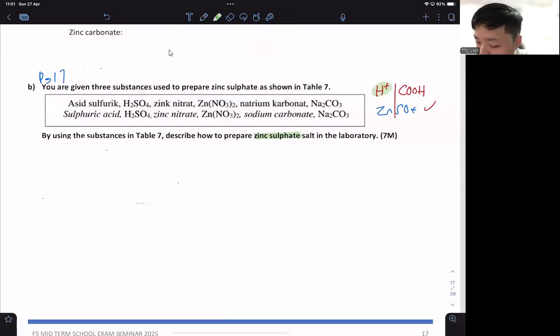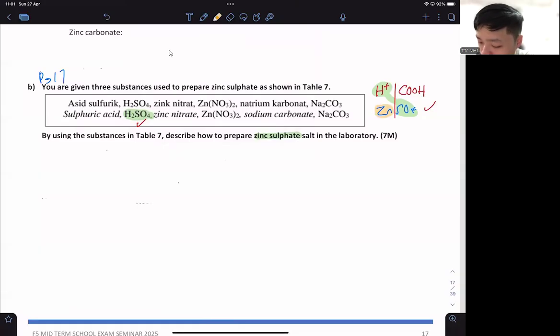So the first is, what is this? H plus and SO4 2 negative. So the first one, they given you H2SO4, sulfuric acid, so you have to use this. Then second one, what you do?